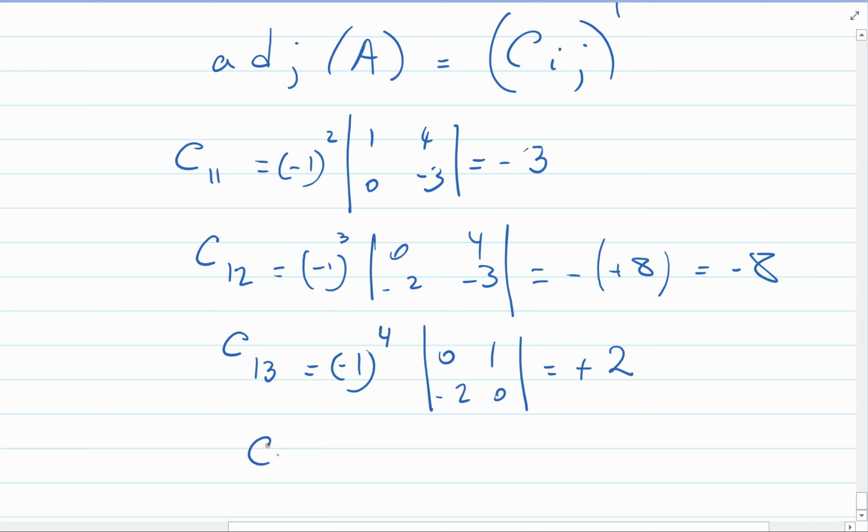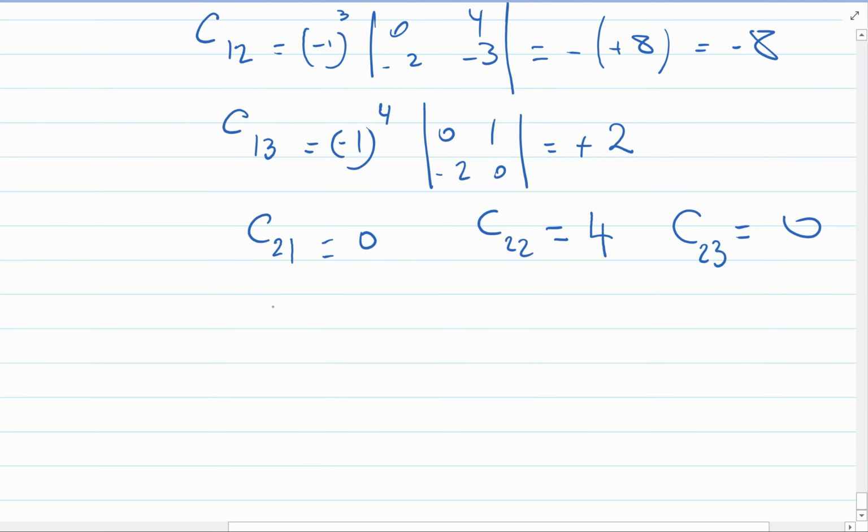Okay, C21 is going to be 0. C22 is going to be plus 4, C23 is 0. C31 is minus 5, C32 is minus 8, C33 is plus 2.